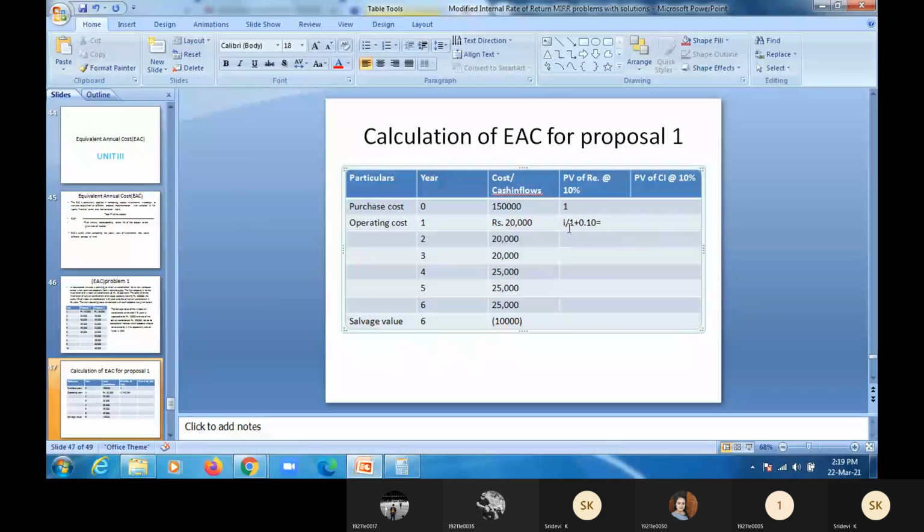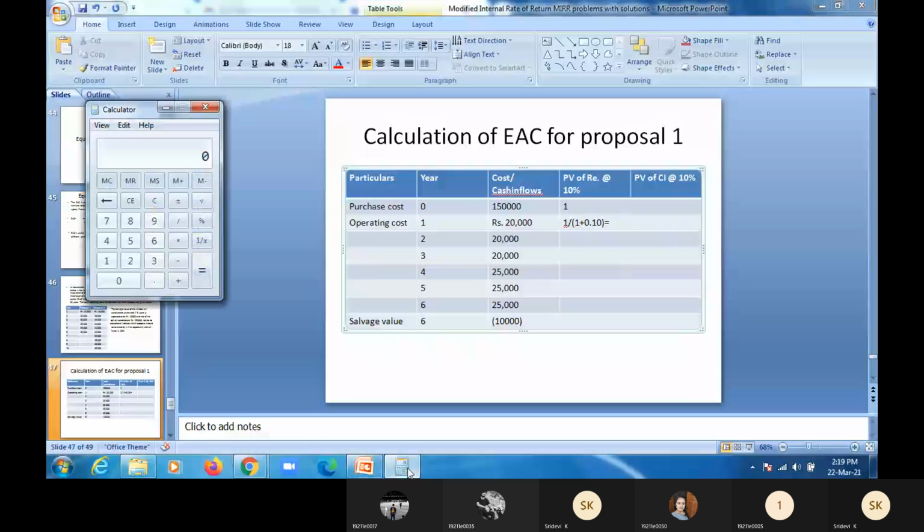So then you will get, what is the value? 1 divided by 1.1. How much is it giving you? Go to the calci and divide it. 1 divided by 1.1 will give you 0.909. Take that value in the first year.